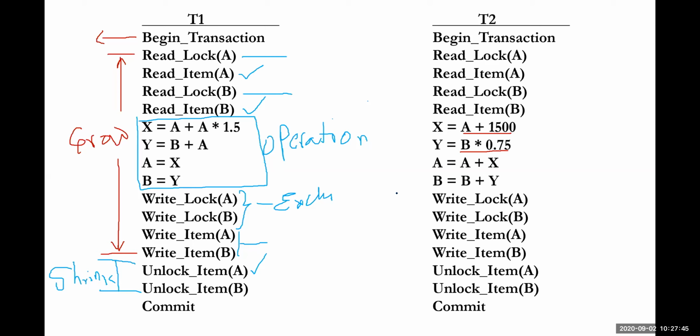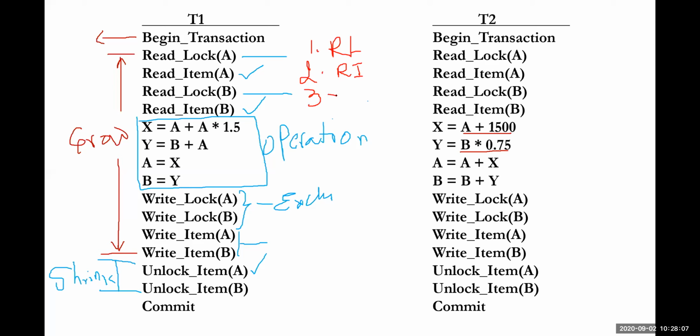Operation number one is acquiring all read locks. How many read locks will you have? Then you have to read the items, whatever number of items you are interested in reading.